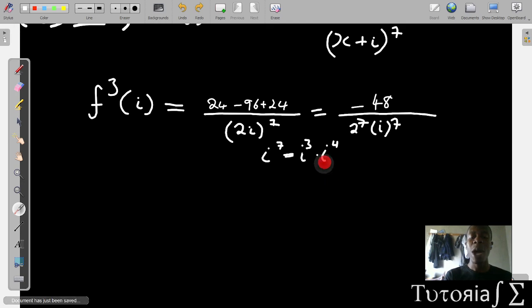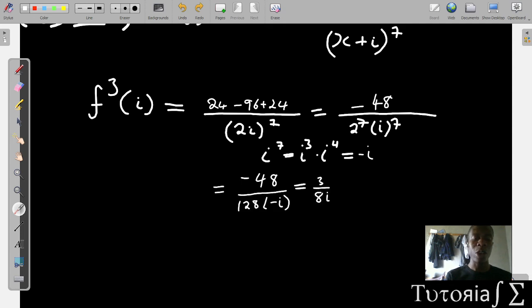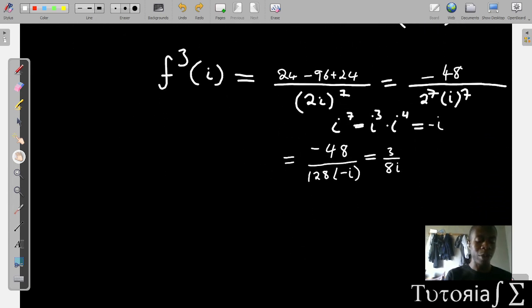Now, i to the power 4 is the same thing as negative 1 times negative 1, which is just 1, then i to the power 3 is equal to negative i. So down here, we can replace negative i and 2 to the power 7, which is 128. When simplified, that is what you're going to get right there.